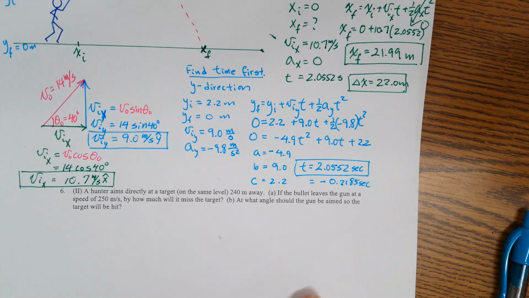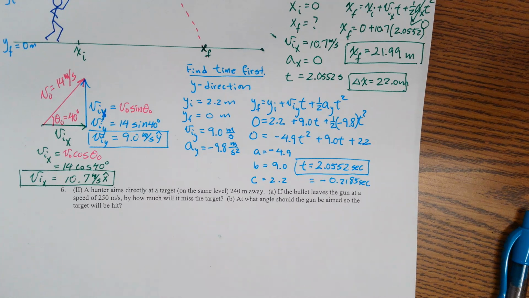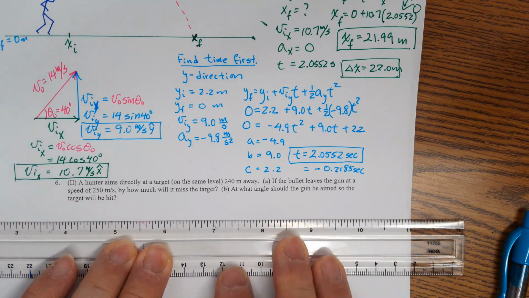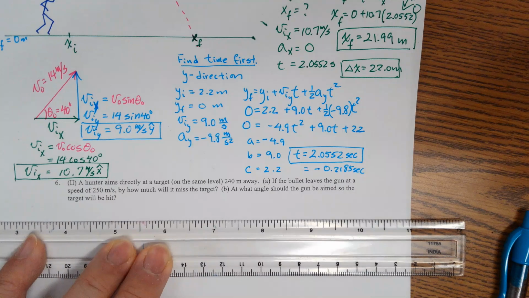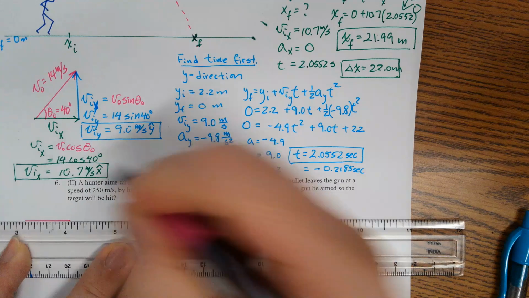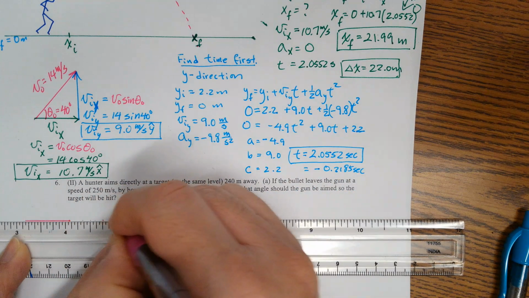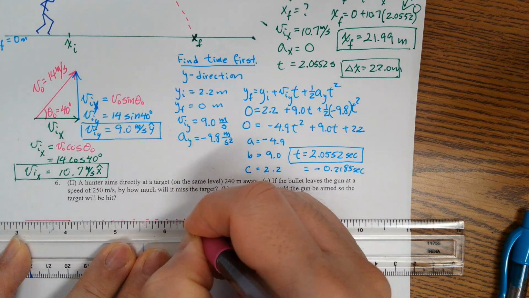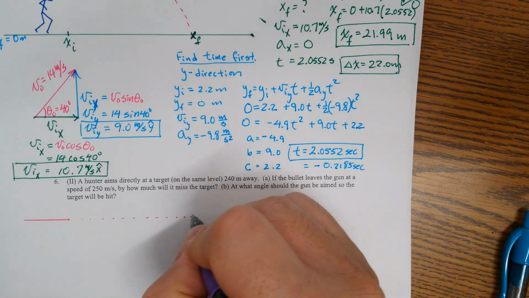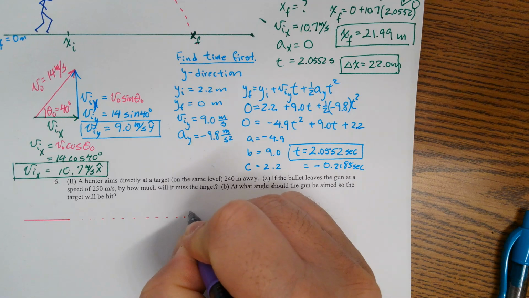All right. Let's take a look at the second problem. Actually, problem number 6. A hunter aims directly at a target. So obviously, this hunter does not know the physics behind all this, right? So if the hunter aims directly at the target, if this is the target right here, that's the bullseye.